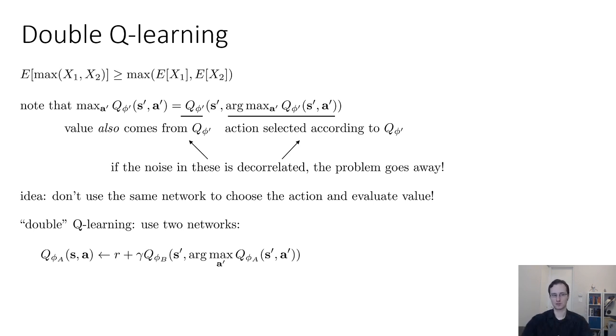So the system will be kind of self-correcting. And then analogously, phi B is updated by using phi A as its target network, but using phi B as the action selection rule. So this is the essence of double Q learning, and its purpose is to decorrelate the way that you select the action from the way that you evaluate the value of that action.